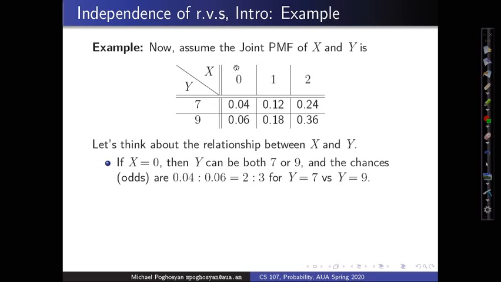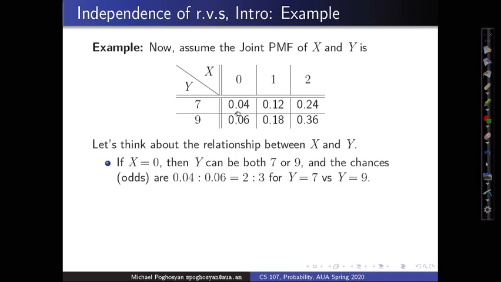So if x is 0, then y can take both 7 and 9 with some probabilities, and the chances that it will take 7 versus 9 are 4 to 6, that is 2 to 3 for 7 versus 9.